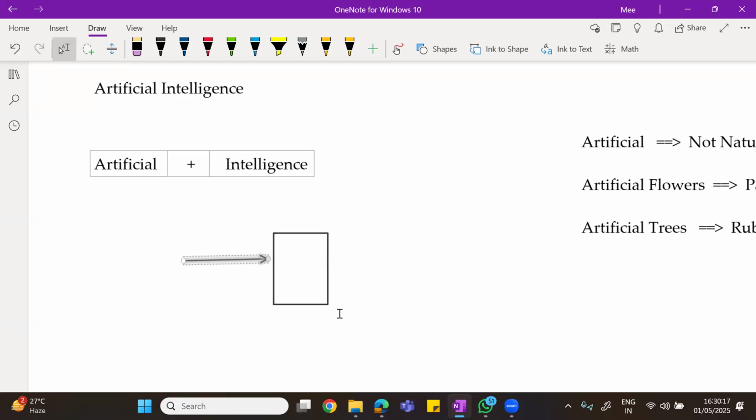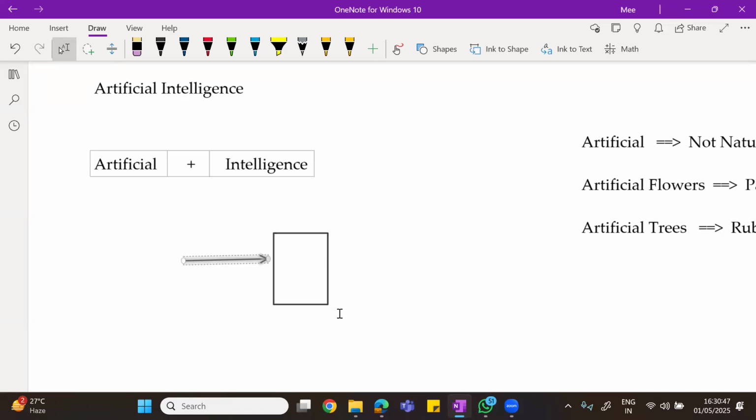But artificial flowers, artificial trees, or artificial rain, we can use the word there. What's the difference? One category, naturally they will evolve, with no need of any human intervention. Second category, the artificial version, is prepared or developed by humans. I hope you are getting the difference.